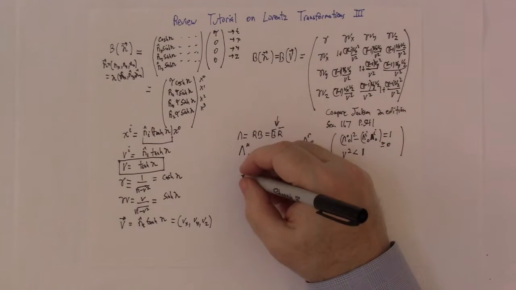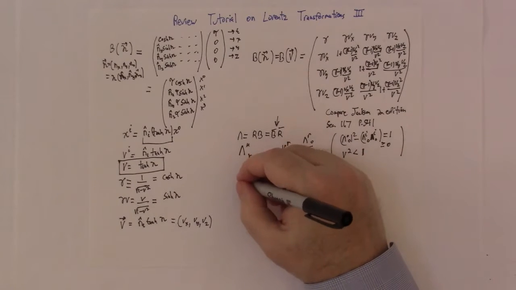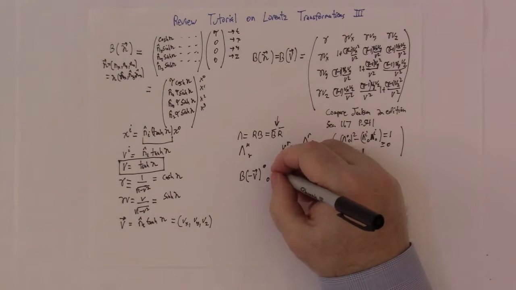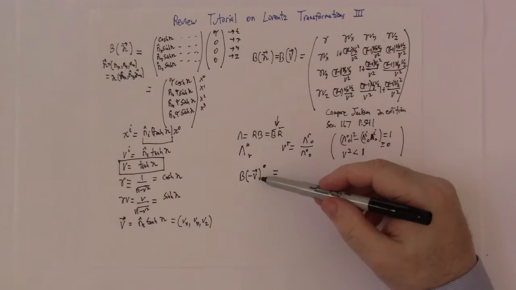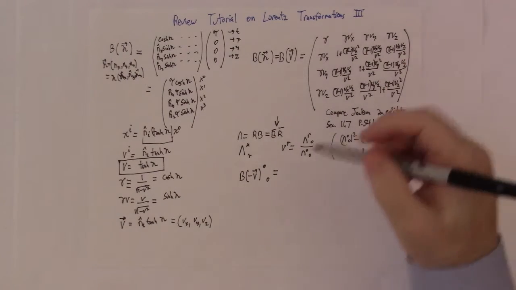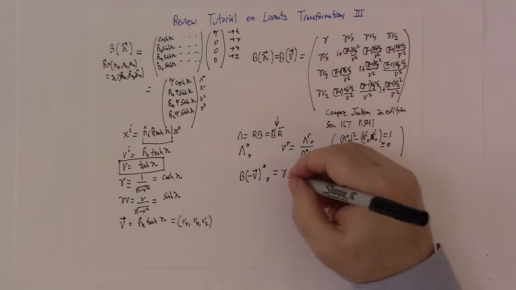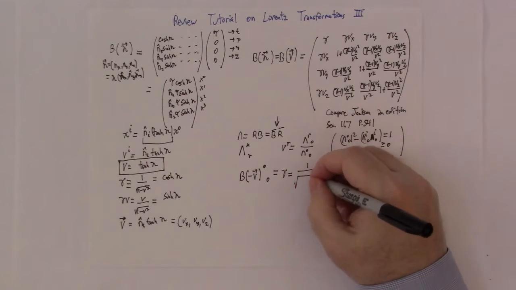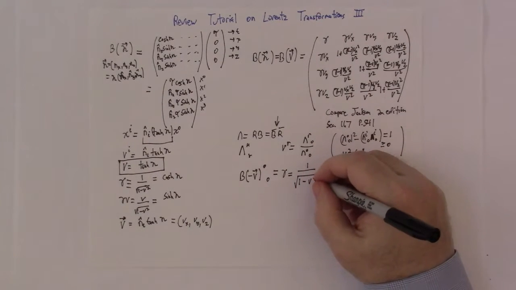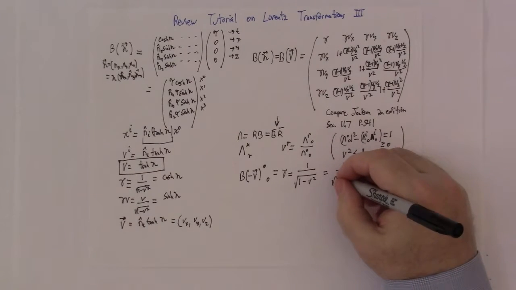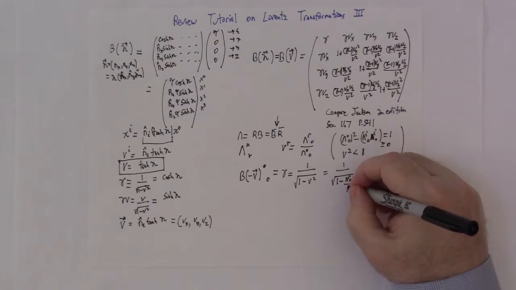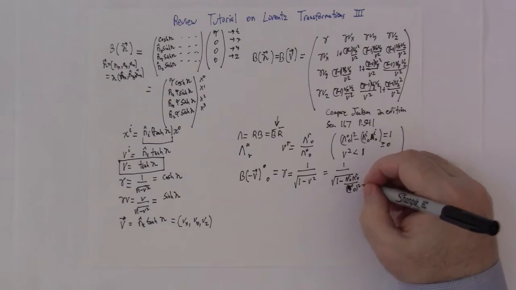First of all, let's calculate b minus v, the 0, 0 component. Well, we know it doesn't matter whether it's minus v or v. We know the 0, 0 component is gamma anyway. And gamma is defined as 1 over the square root of 1 minus v squared, which is equal to 1 over the square root of 1 minus lambda r0 squared over lambda 0, 0 squared.